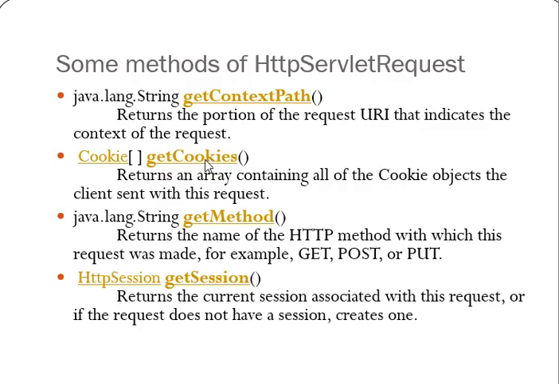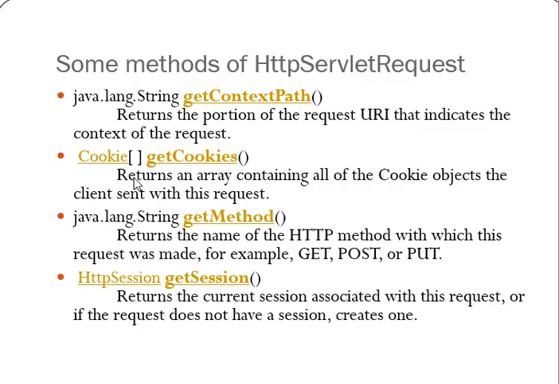Then cookies. A cookie array will be returned by the get cookies method. Again, a cookie is client-side information. These cookies are stored in name and value pairs. So for each cookie, there will be a name and a value.